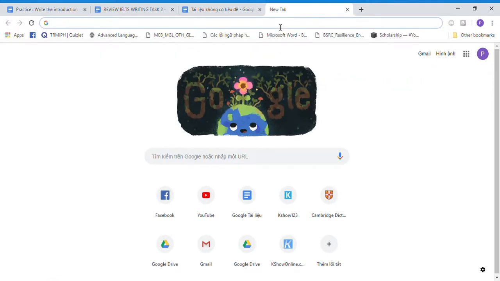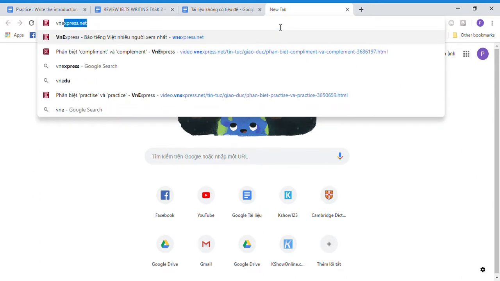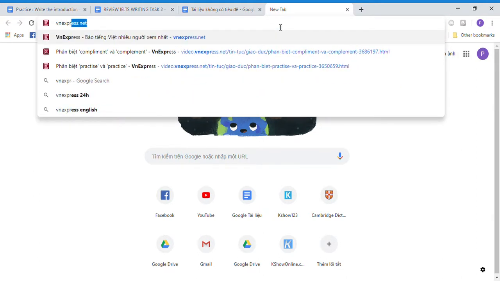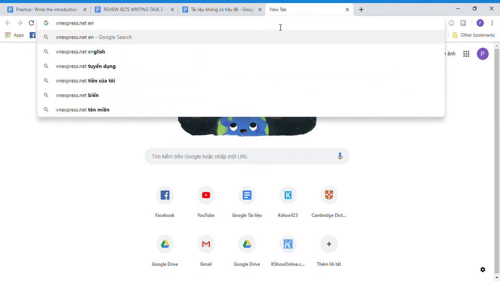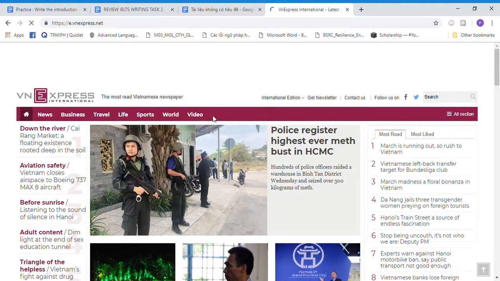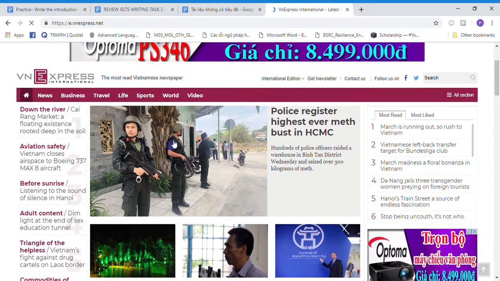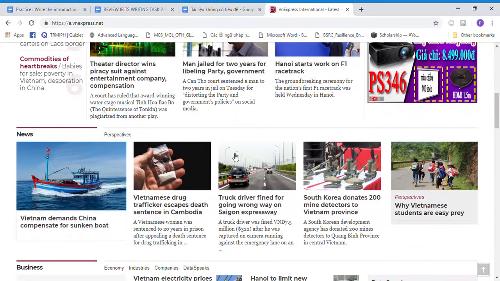For example, I always read VnExpress, in the English version. It is a good source for studying new vocab.